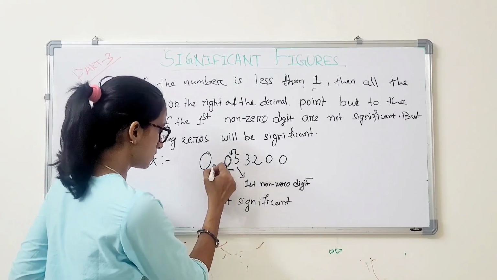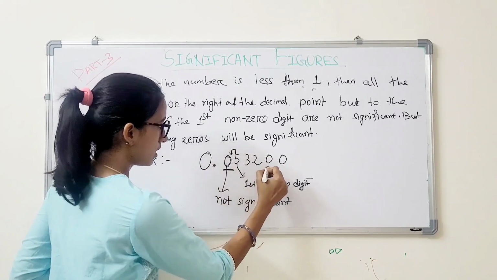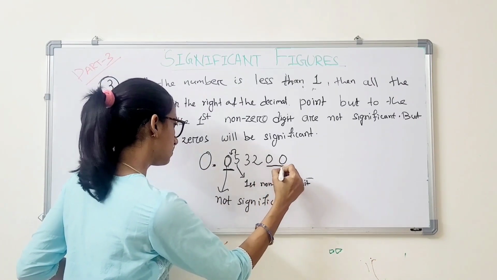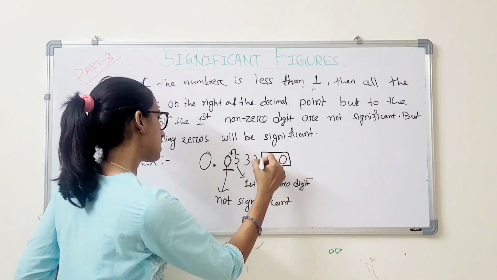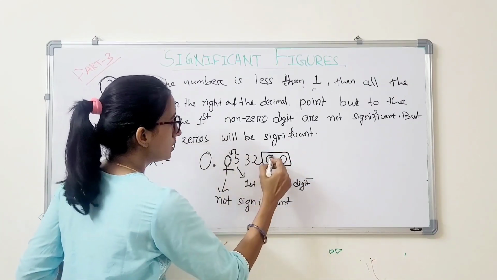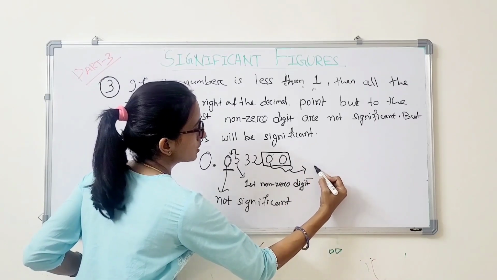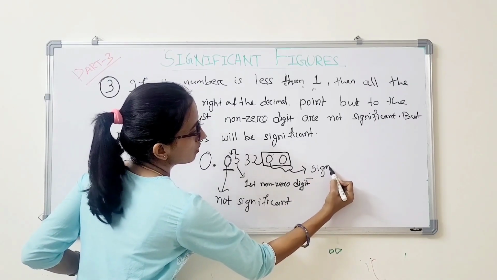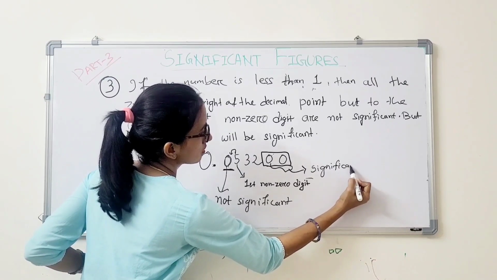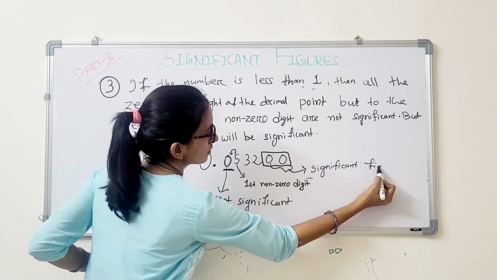If there is a decimal point and the end of the result has zeros, then these zeros will be considered significant figures. Got it?